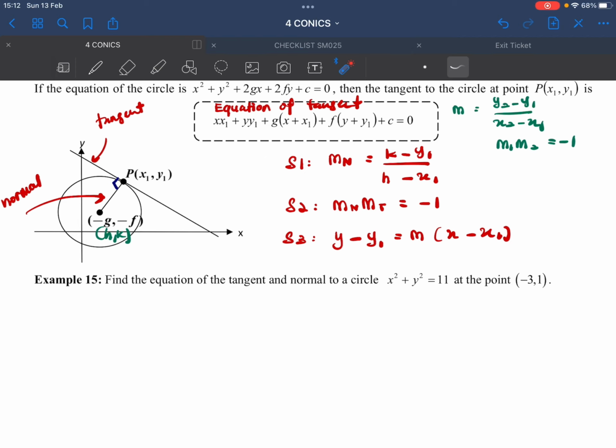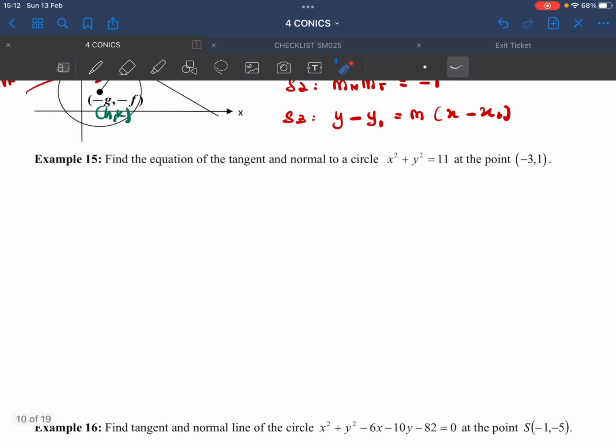Let's see example 15. But before that, I would like you to change this question. There is a correction here. This is not 11, this is supposed to be 10. Please change the question first. We have x squared plus y squared equals 10. The question asks to find the equation of tangent and normal at a circle.